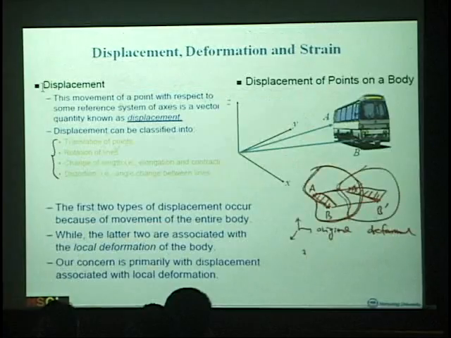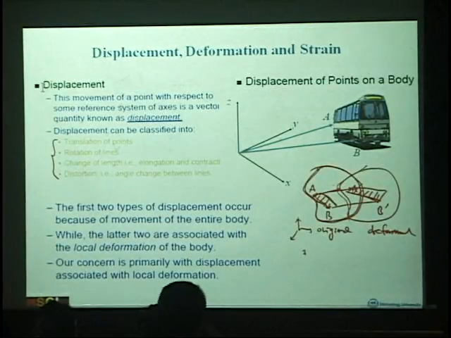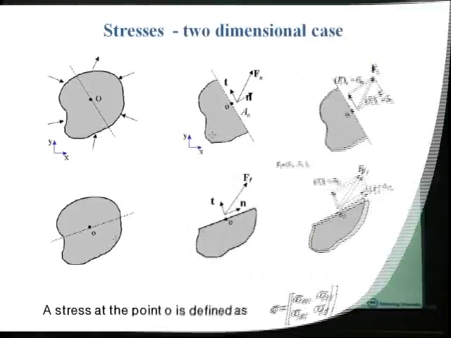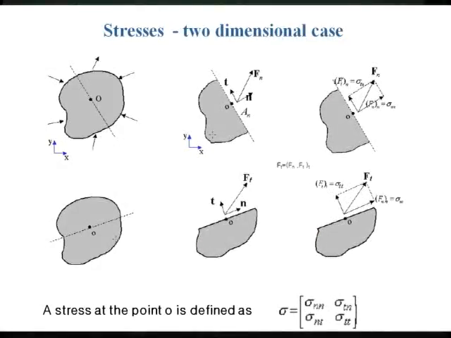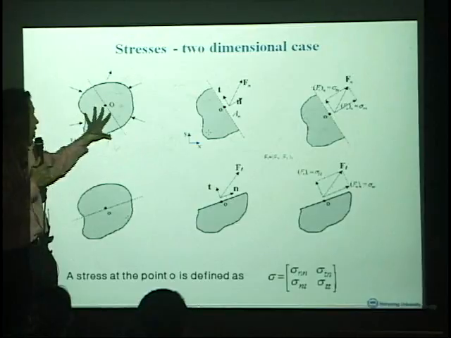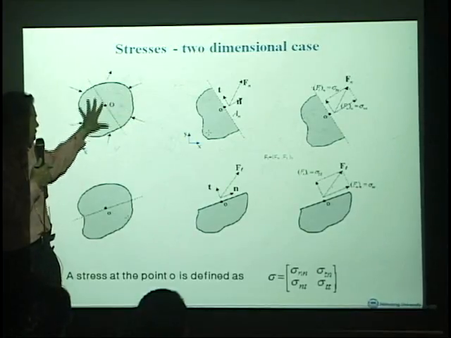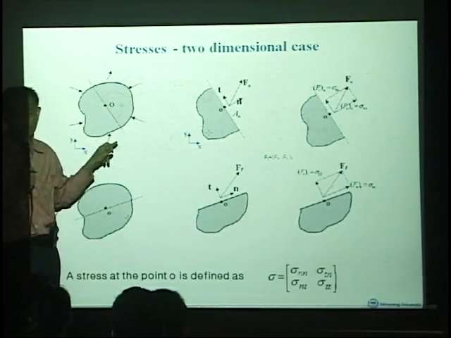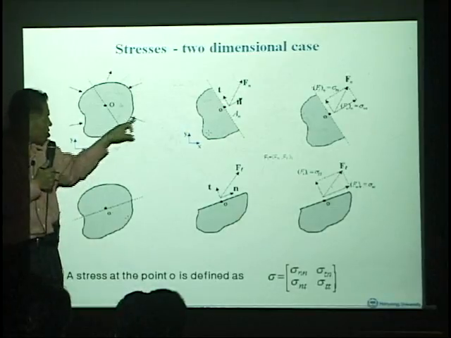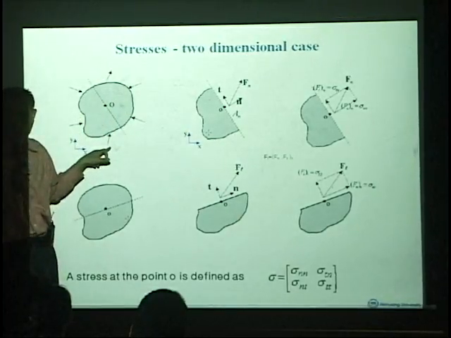And now back to here, we have displacement and deformations. Stress in the two-dimensional case is very much similar to an internal force. We define internal forces. Let's say we have a body like that, and this is subject to an external load. They are called external loads, right?